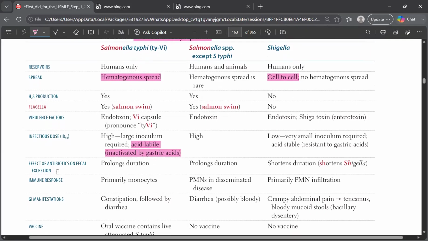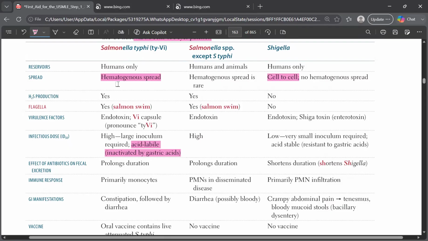Effects of antibiotics on fecal excretion. So, if we give antibiotics to patients that are infected by these bacteria, then for Salmonella typhi infection, fecal excretion is prolonged, and for Shigella, it is shortened. And for other Salmonella species, it is prolonged as well.